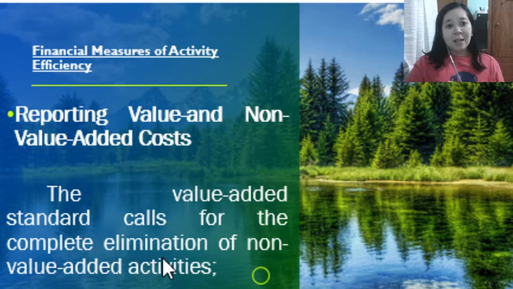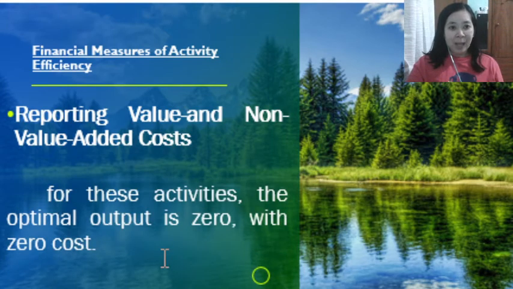The value added standard calls for the complete elimination of those activities which are non-value adding. So the optimal output is zero with zero cost, by eliminating those non-value adding activities and retaining only those which are value adding.